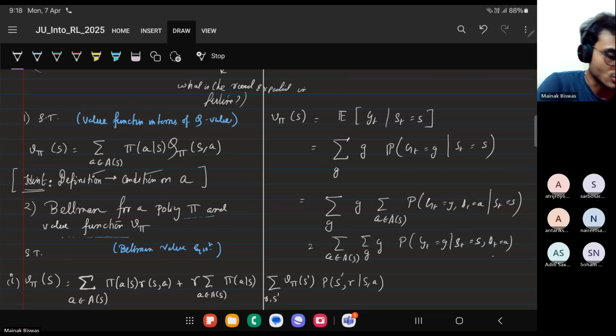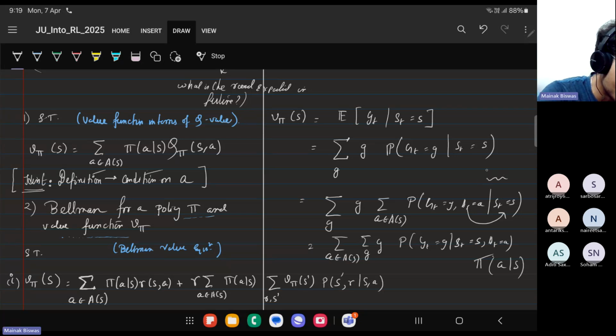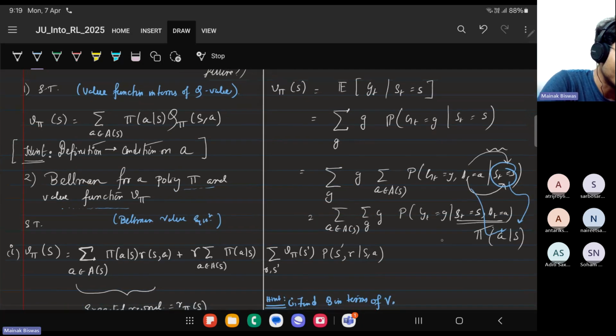Using the trick, I'm bringing this expectation here, so I will have to multiply it using the policy, the policy A given S. So the action is coming into the conditioning variable. Whatever was previously there in the conditioning variable will remain and the action would be multiplied. So you can clearly see that the inner sum does not depend on the action. So I can just take the action out and I'll get pi of action given S over all actions in the state S.